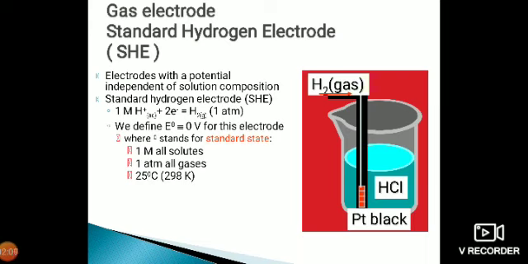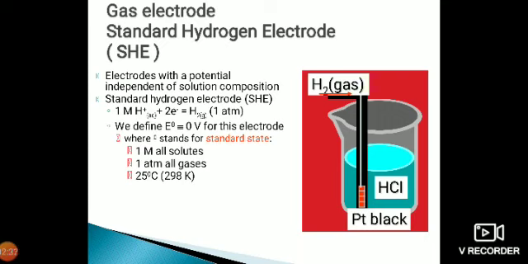Second one is the gas electrode. In a gas electrode, the electrode material is a gas. For example, you can take the standard hydrogen electrode. Here, electrodes with a potential independent of the solution composition, a gas electrode, can be constructed.